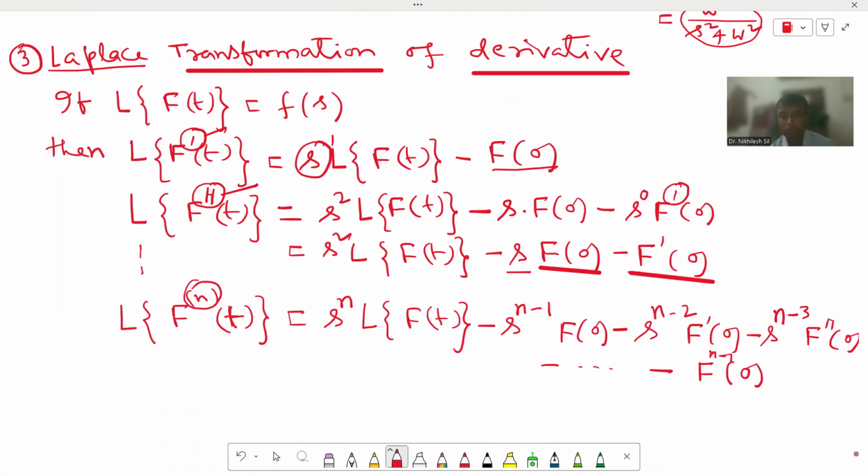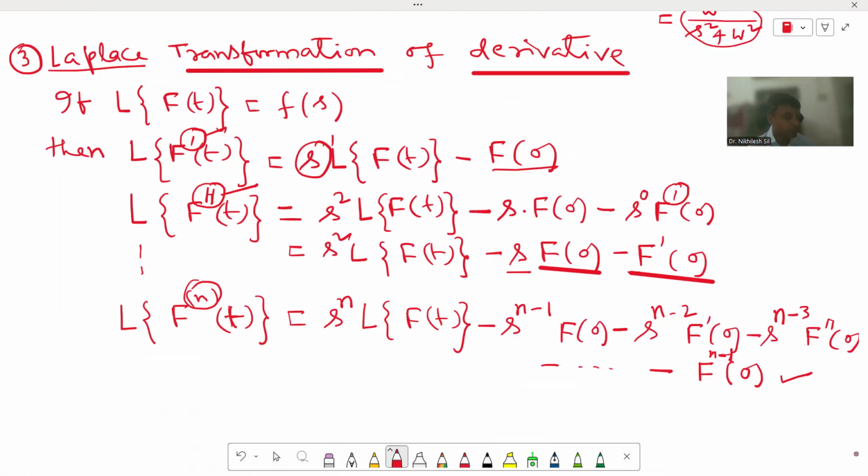N minus 1, 1 less than the order. So f^(n-1)(0). Okay, clear? So if the function is a derivative, then very easily we can get the Laplace transformation of that function. Okay. Now come to the next theorem.